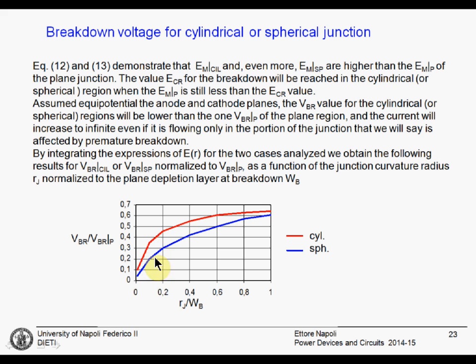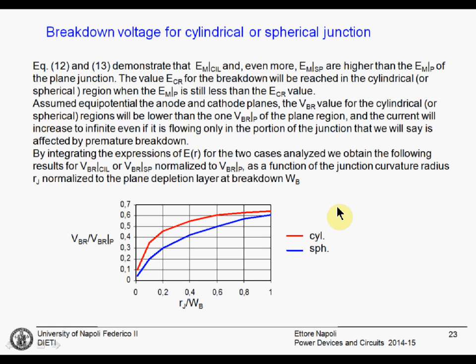The red curve shows the value if we only had cylindrical junctions, and the blue curve represents the value that we actually have when we have spherical junctions. This is lower.